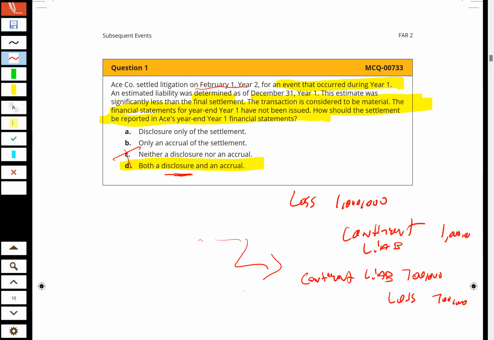Then you are preparing the financial statements, but you receive the notification of the lawsuit in year 2. That would be a non-recognized subsequent event that would be disclosed, because the lawsuit won't come until year 2. Okay.